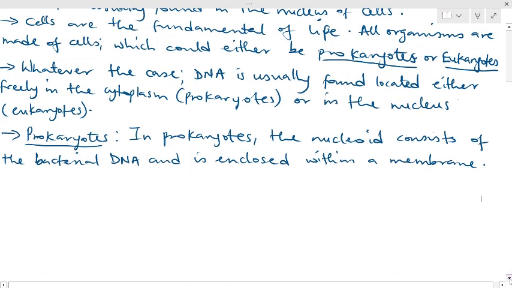I want to quickly give a sketch of what prokaryotic cells look like. Let me use green here. Prokaryotic cells could assume this kind of shape.